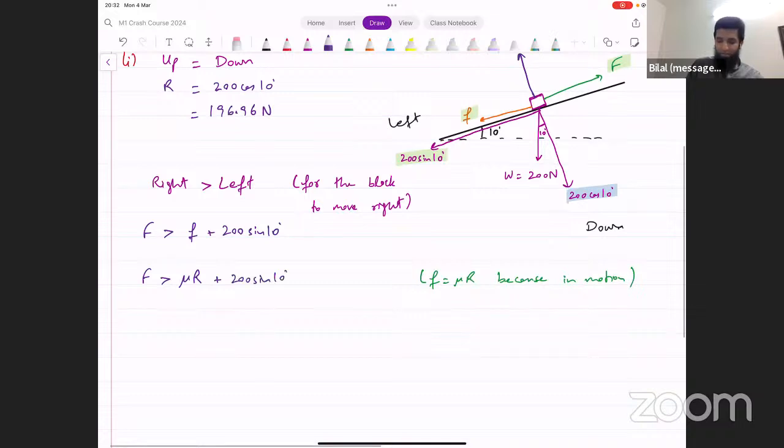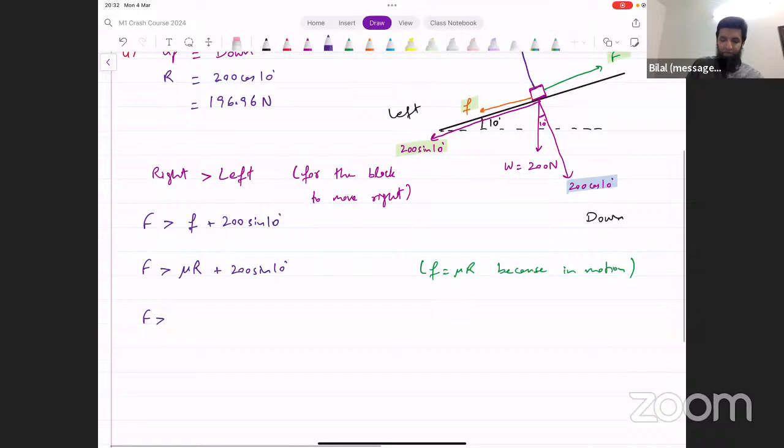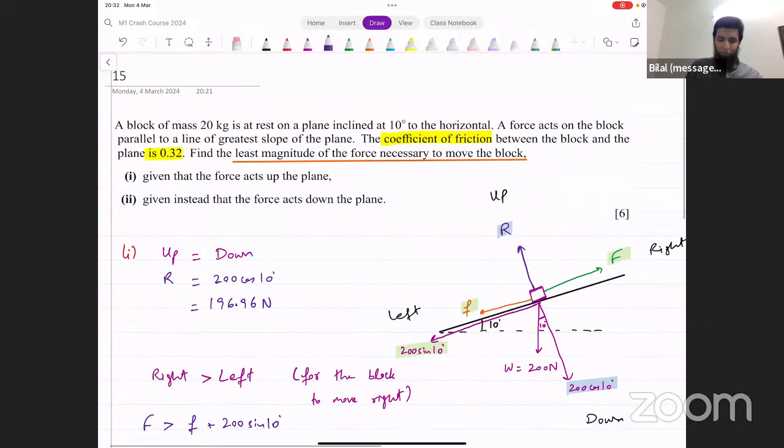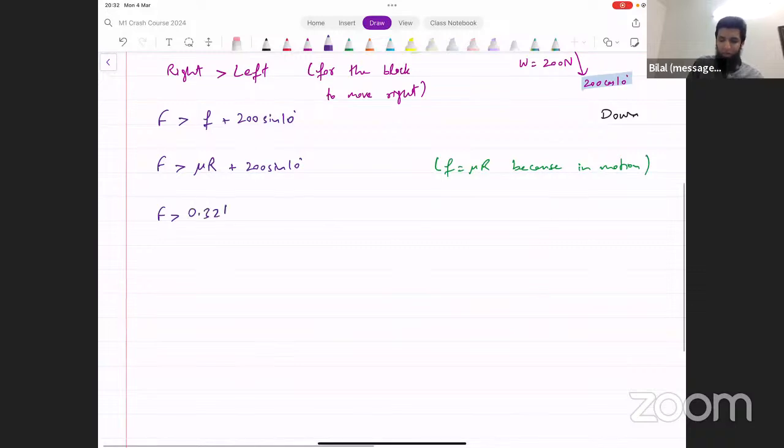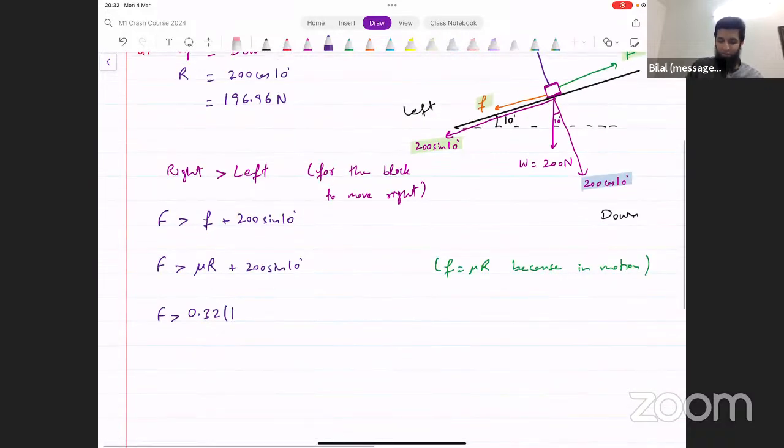And that gives us F greater than mu. What's mu? Mu is 0.32. That's given in the question. Into R, we have found that above. That's 196.96 plus 200 sine 10. What's that value? 200 sine 10? 34.729. 34.729.